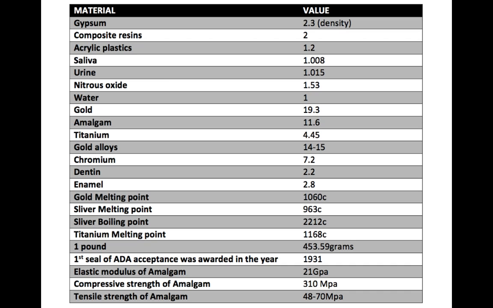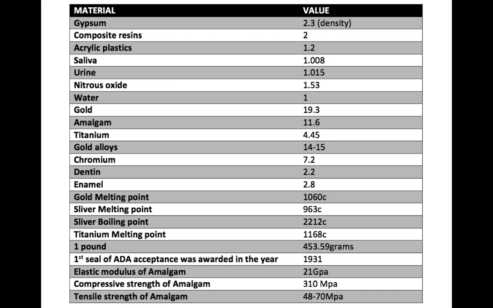Urine is 1.015. Nitrous oxide is 1.53. Water is 1. Gold is 19.3. Amalgam is 11.6. Titanium is 4.45. Gold alloys is 14 to 15. And chromium is 7.2. Dentin is 2.2. Amalgam is 2.8.